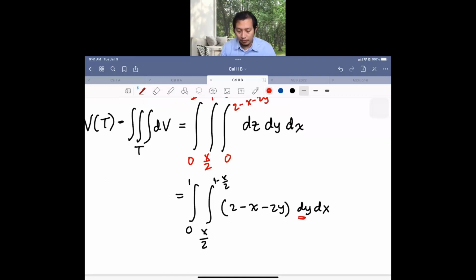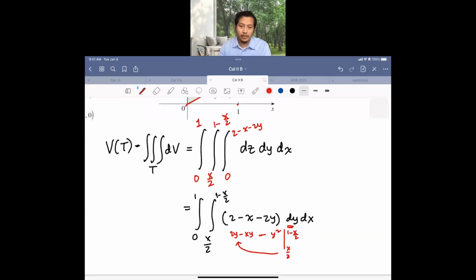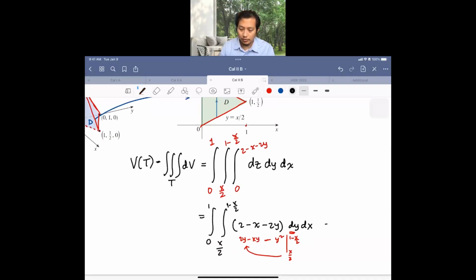So we could have 2y minus xy minus 2y squared, and then input the x over 2 and 1 minus x over 2, and then later on integrate with respect to x. If you calculate, this will equal 1 over 3.